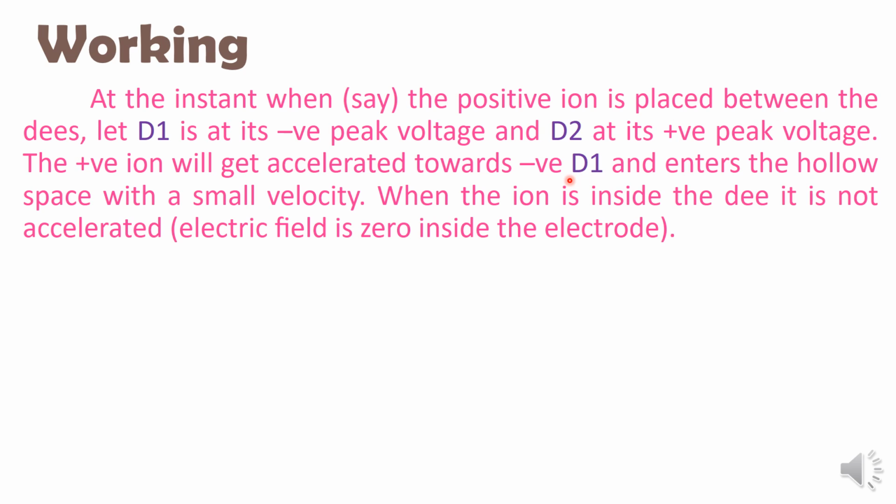With that velocity, with that energy, it starts moving into D1 and it enters the hollow space with some value of velocity. When the ion is inside the D, the electric field is 0, and therefore it will not experience any further acceleration.